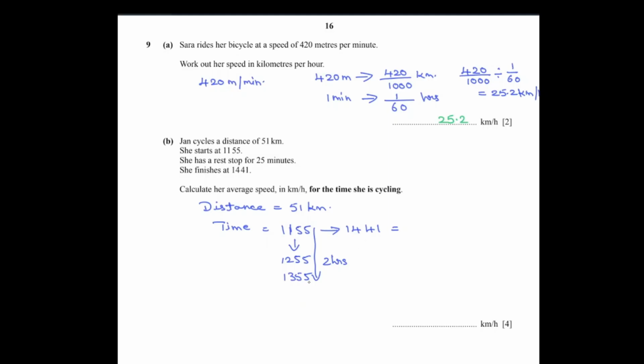So 13:55 to 14:00 is 5 minutes. Then this 41 minutes. 5 plus 41 will be 46 minutes. So total time taken is equal to 2 hours 46 minutes.